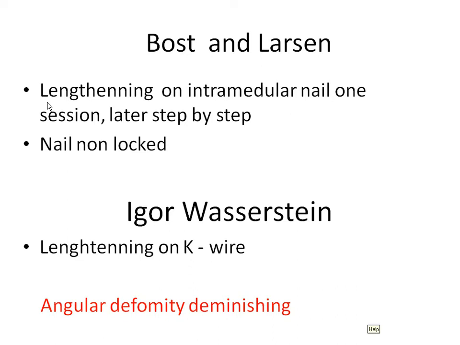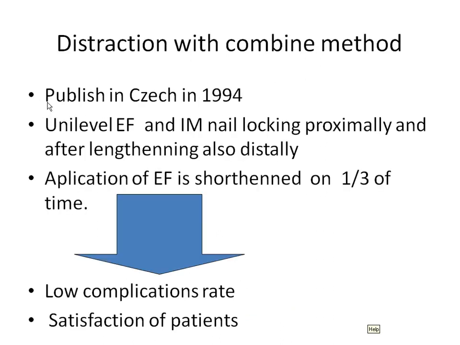I think in Estonia, Igor Wasserstein also used lengthening over a very strong K-wire to diminish angular deformity, but then he replaced the interval of the bone with solid graft. We published it first in Czech in 1994, and this method brings application of external fixation shortened to 1/3 of the time, and brings a low complication rate and higher satisfaction of the patient.